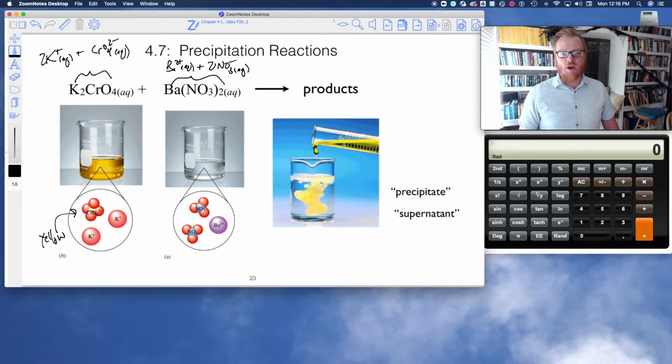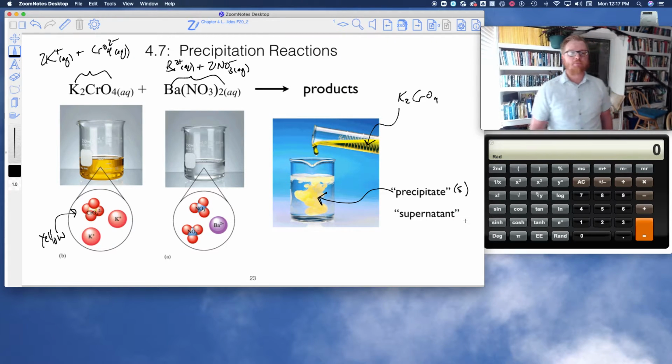You can tell that this is the potassium chromate getting poured into the barium nitrate, because again, we noted that the potassium chromate is yellow. So the potassium chromate has to be there, and we're pouring it into the barium nitrate. And look, see all this cloudy stuff right there? That's what we call the precipitate, and those are the solids.